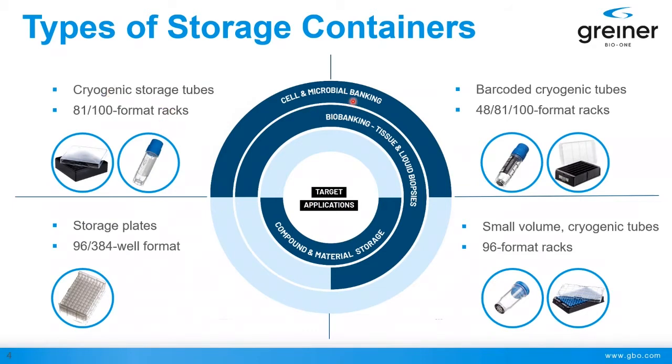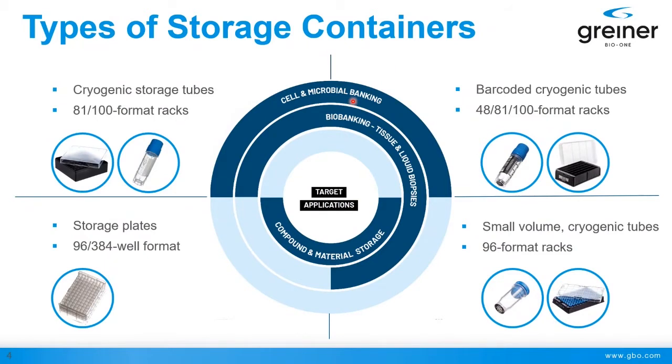But as soon, and we will hear more about this later on, as soon as we see an increase in throughput of samples or demand of samples, and maybe also an increase in automation that is used in a biobank, these items are often used with machine-readable identifiers. We talk, excuse me, about barcodes here or data matrix codes.